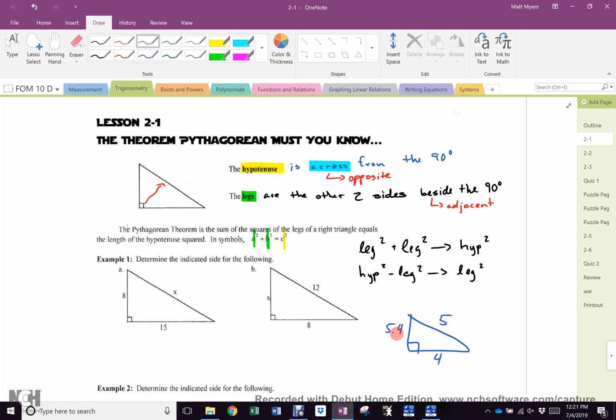Every year, I have 15 or 20 kids that tell me that this is a real-life triangle. Is it? Of course not. Why? What is that, leg or hypotenuse? Leg. Is it longer than the hypotenuse? Is that possible? Of course not.